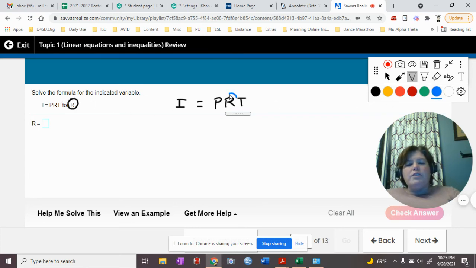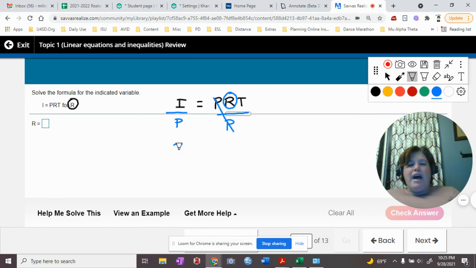So what I am going to do is look at this and ask myself, how can I get R by itself? Hopefully we recognize that the operation between consecutive letters like this is multiplication, and I can undo multiplication using division. If you want to, you can divide by both P and T in the same step, but maybe you just want to divide by P to start.